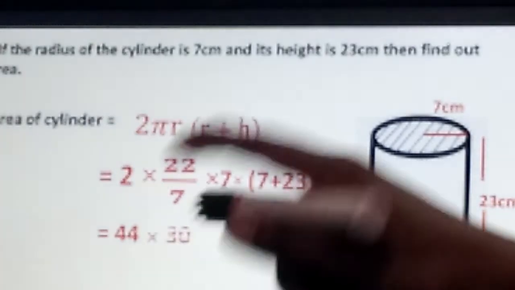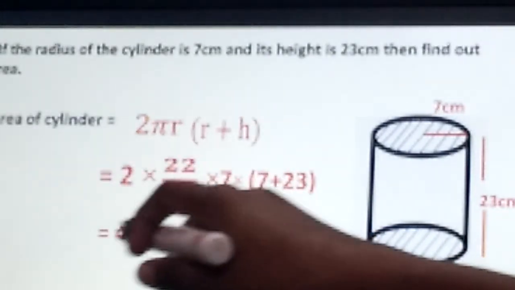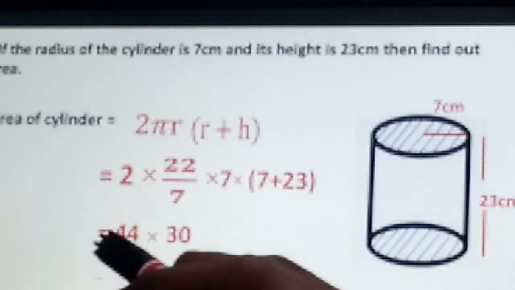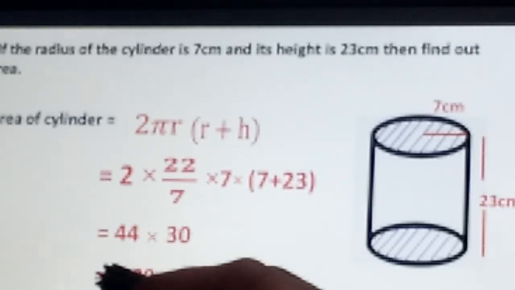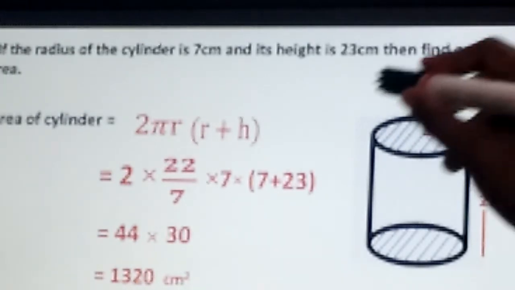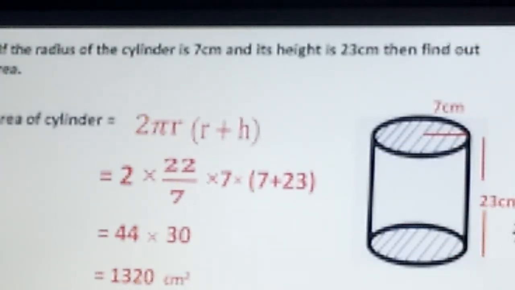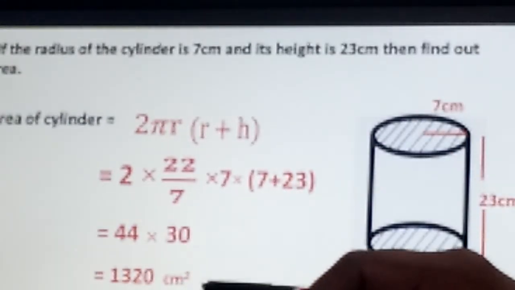Now 44 into 30 is 1320 centimeter square. Interesting. So if we paste a paper on this particular box, then we need 1320 centimeter square paper.